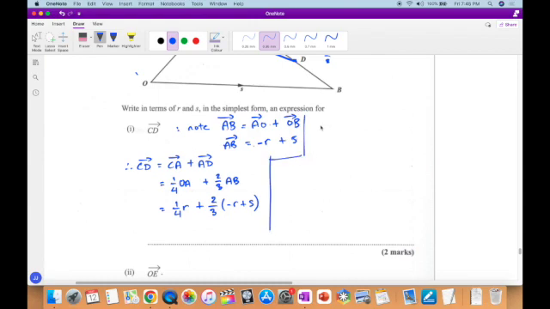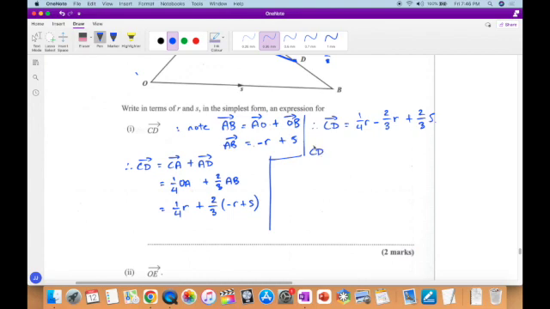So we will simplify it by saying, therefore, CD is a quarter R minus 2/3 R plus 2/3 S. And a quarter minus 2/3 works out to be minus 5 on 12.